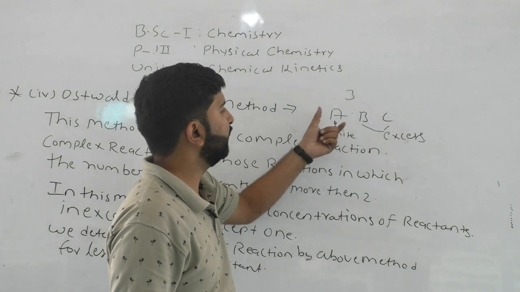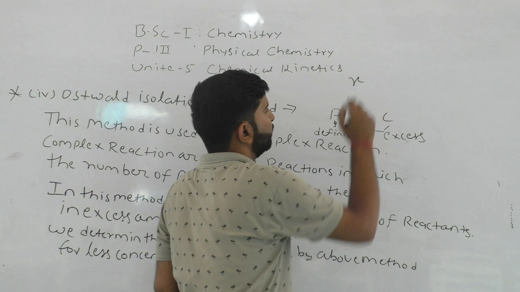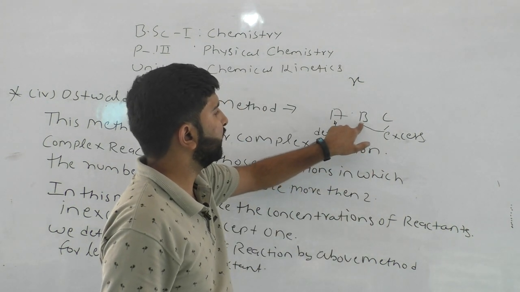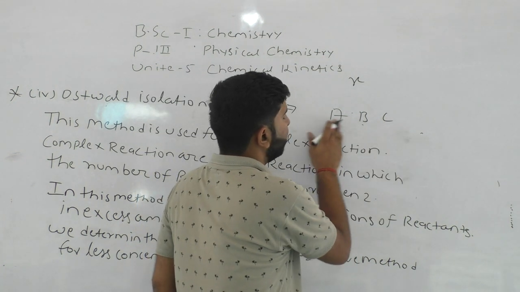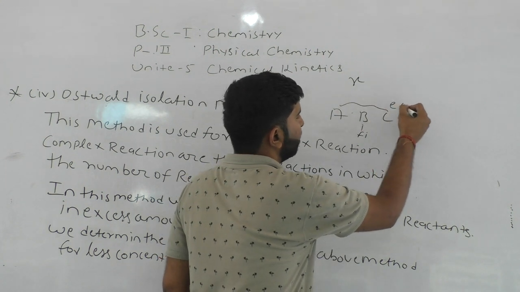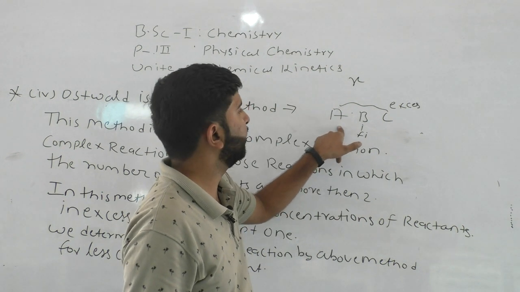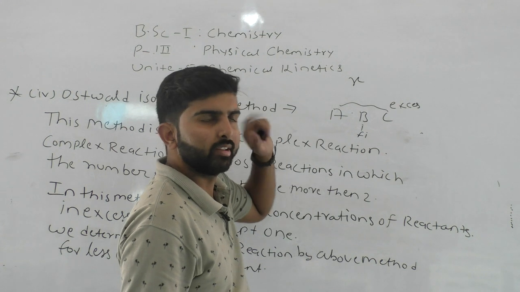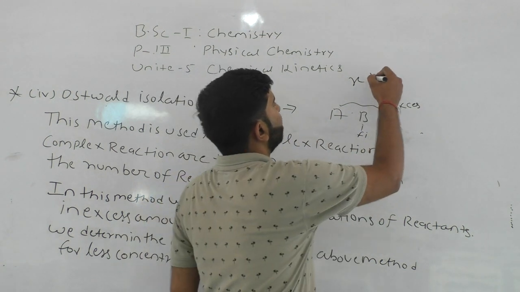So we calculate the order with respect to A, which let's say comes out equal to X. Then we take this reactant in a finite amount and those in excess amount. So the rate of reaction does not depend on the concentration of A and C, it only depends on B. Then we again calculate the order of the reaction in terms of B, which comes out, let's say, Y.